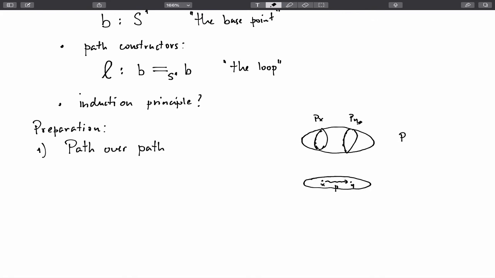Here's a fiber over Y. I should have this idea that if I have U over X and I have V over Y, then there is such a thing as a path over P, that I ought to have a path, say Q, which somehow projects down exactly onto P. That's how you usually think of it.